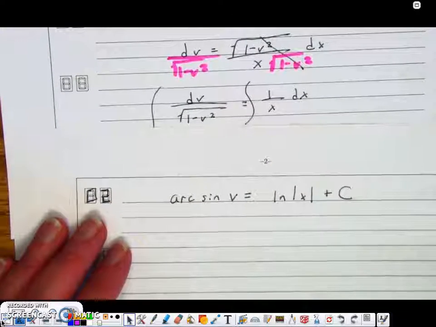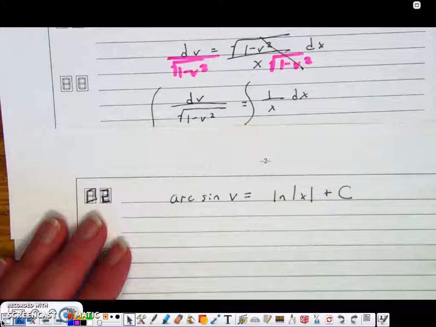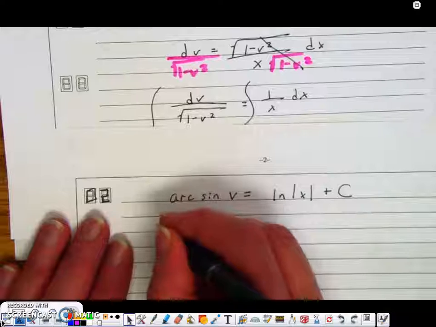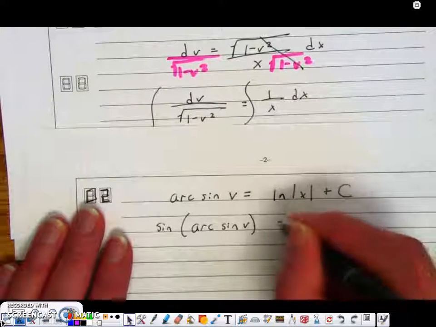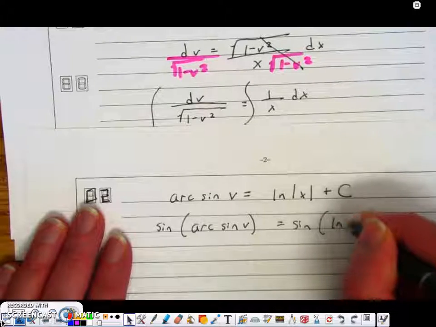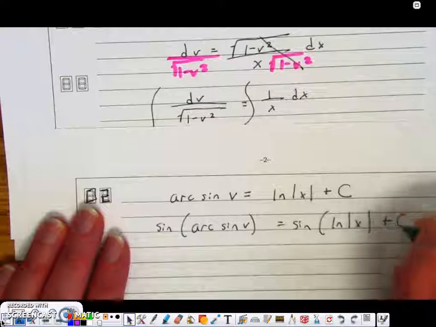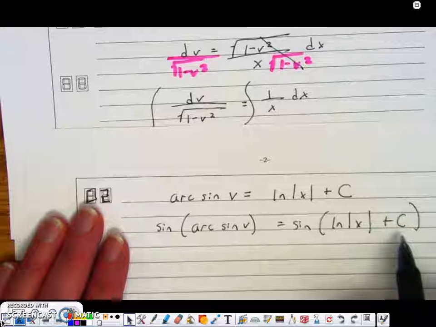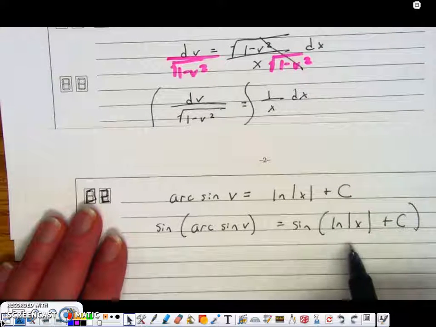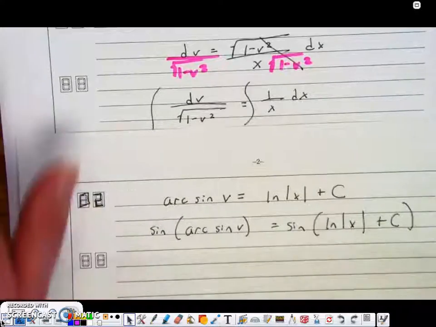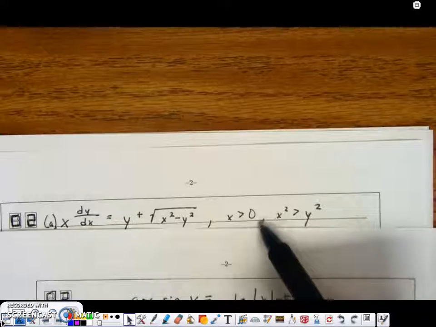Now, to undo arc sine, the inverse operation of arc sine is sine. So you are going to take the sine of both sides. Okay, the c stays within that sine. That's very important. Okay, now the other thing that you have is they did tell you up in the beginning of the problem, x is greater than 0.